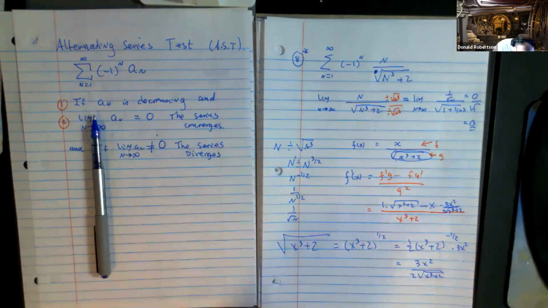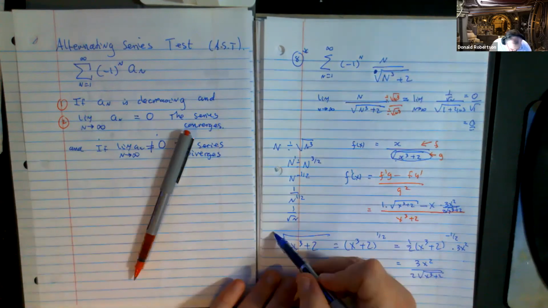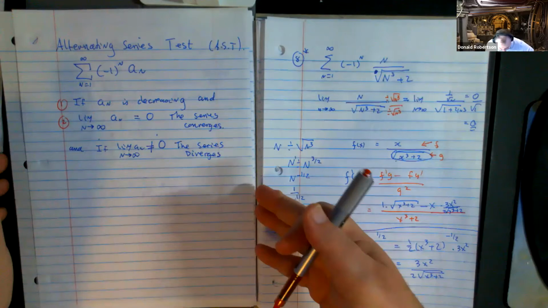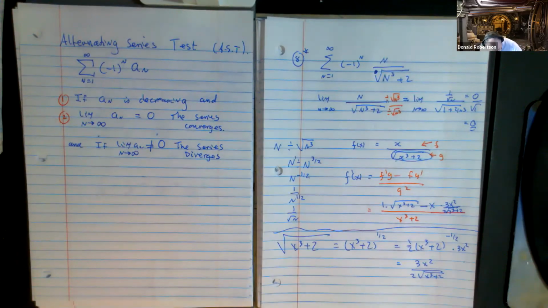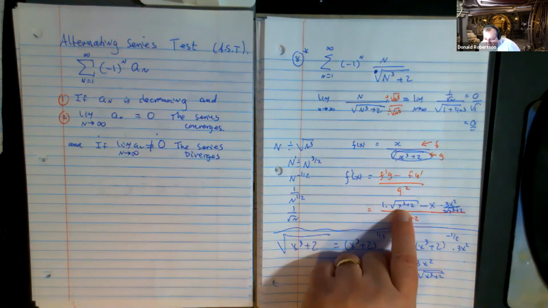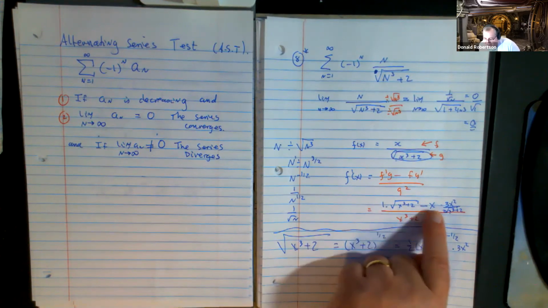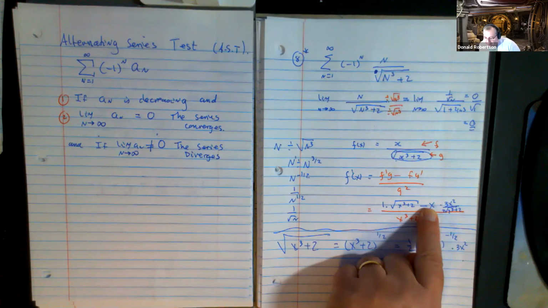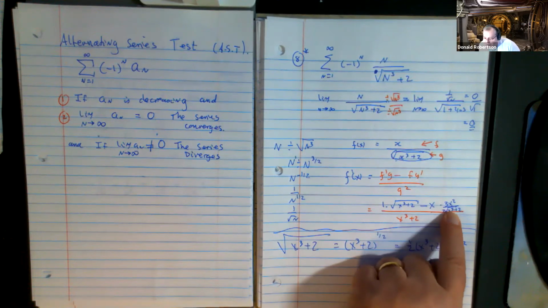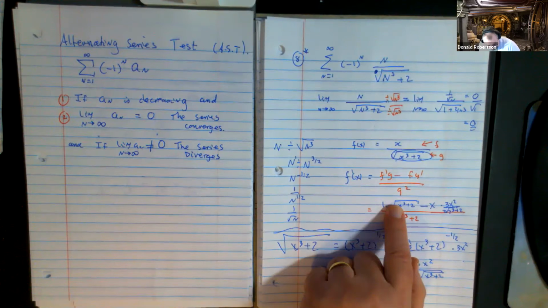Right. And now I'm going to cheat. This is not so much a proof as intuitively correct. Would you agree that when x gets really, really big, this piece here is going to be much bigger than that piece there? Can you imagine 3x cubed over this square root is still going to be bigger than this square root?